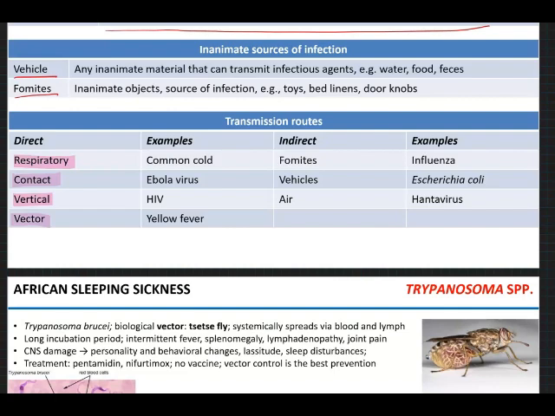Vector transmission. Now, not every vector transmitted disease can be transmitted directly. Have you heard about Lyme disease? Yes? No? I envy you if you haven't. What transmits Lyme disease? Ticks. Ticks collected on deer or rodents and then transmitted to humans. Can a tick bite you, suck your blood, fall off, bite another person, and transmit your Lyme disease to them?